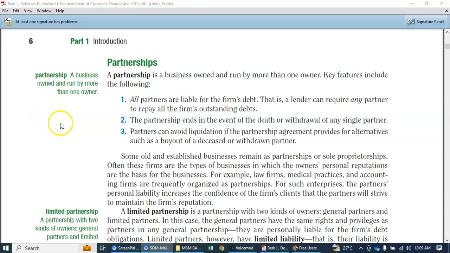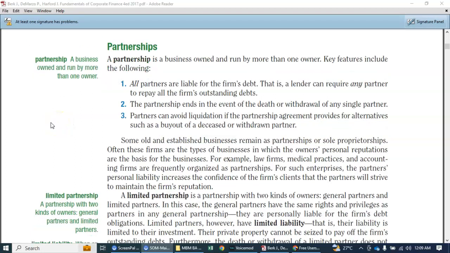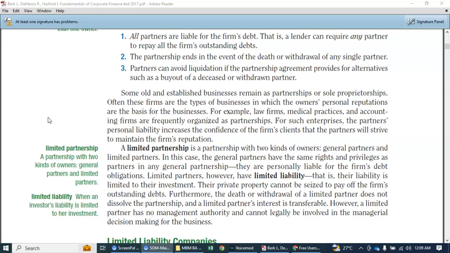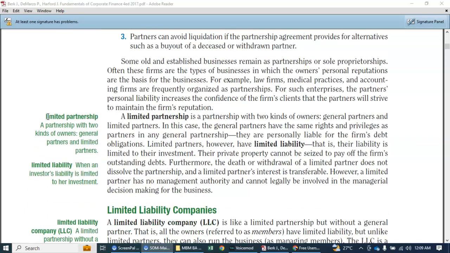And the partnership can be dissolved by any withdrawal or death of a partner. However, they can avoid the liquidation if they have some agreement. For instance, if a partner withdraws, he can be bought out by the other partner who wants to stay in the business. Now, as time goes by, there is what they call the limited partnership.